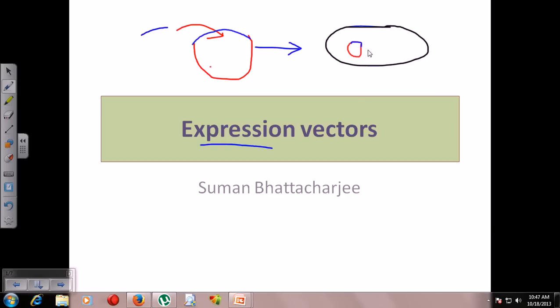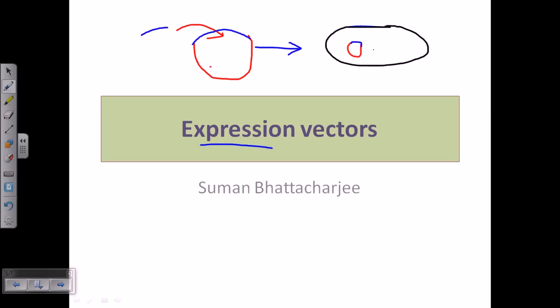but the job of the expression vector will begin once it is transferred into the host cell, because as the name suggests, the utilization of this vector is for the expression of our desired gene, not the transfer of our desired gene. A cloning vector deals with the transfer of our desired gene and screening of our desired gene from the library, but an expression vector deals with the expression of that desired gene.